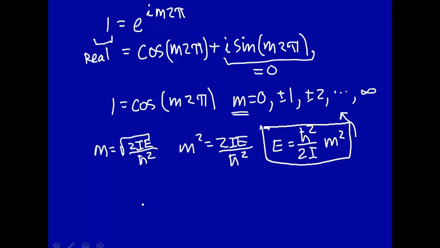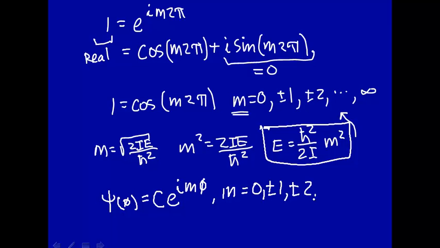And now we have the wave function, psi as a function of phi, is equal to c e to the i m phi, where m is a quantum number 0, plus or minus 1, plus or minus 2, and so on. Let's find out what this constant c is. That'll be the normalization constant.